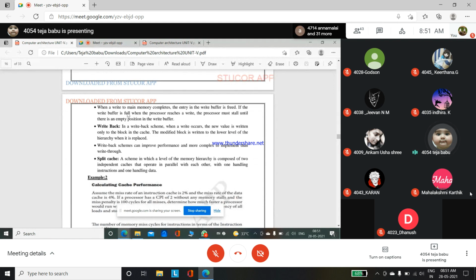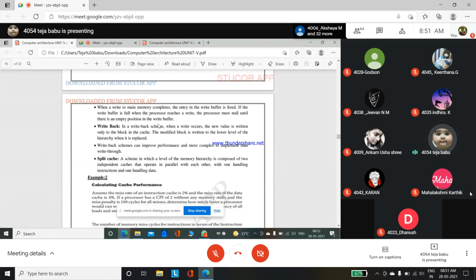So it will stop if the write buffer is full. The processor will remain stopped until there is an empty position in the write buffer.